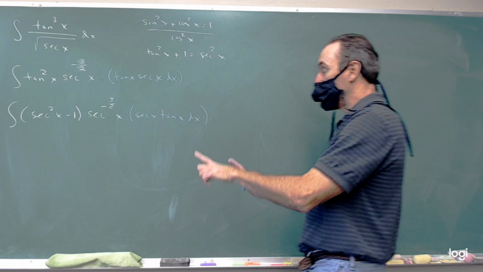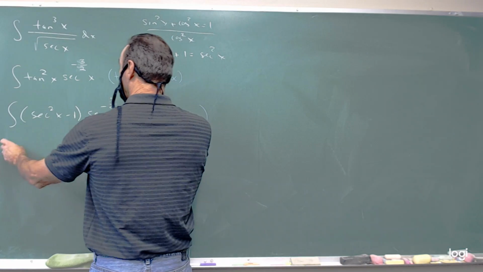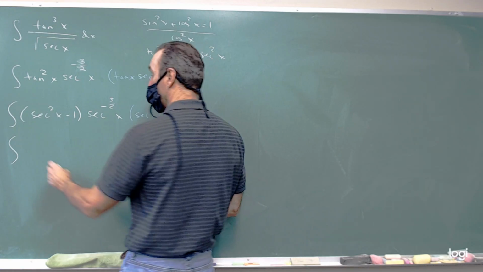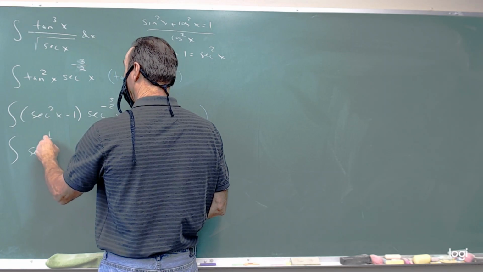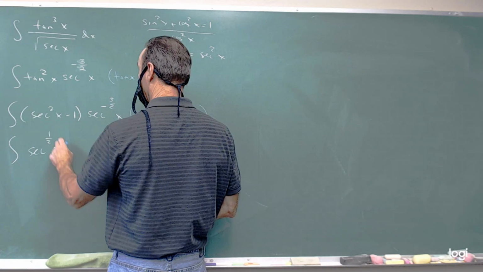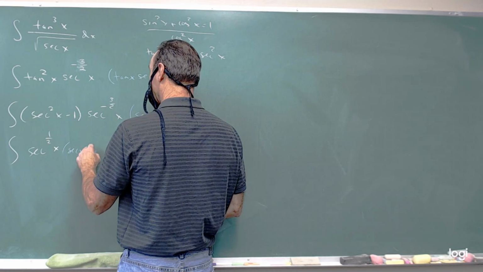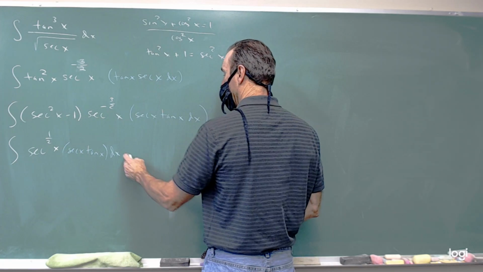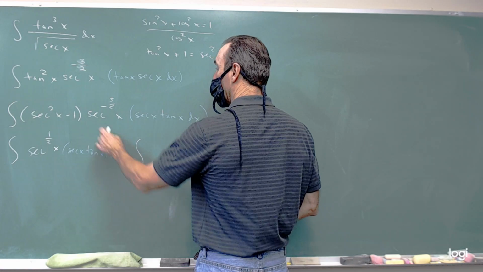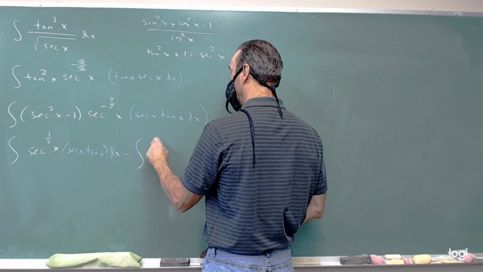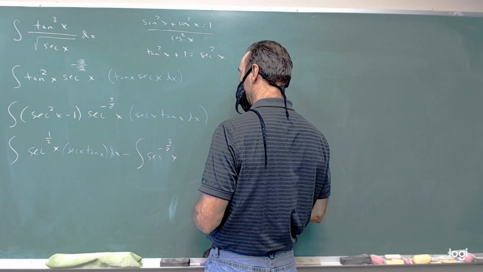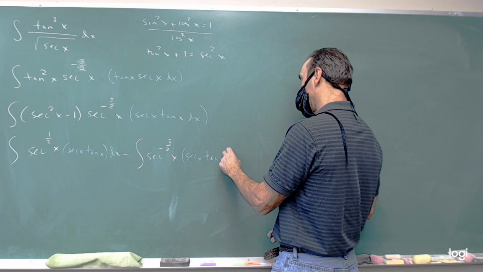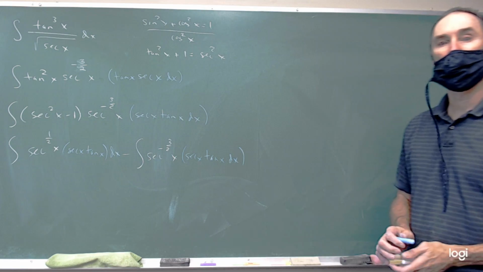So we distribute everything. We're going to get two separate integrals. Secant squared times secant to the negative 3/2 is going to be good. And we're going to hit it with our secant x tangent x dx as well. And we're going to get minus. The second integral is going to just be that secant negative 3/2 x, and it's got our secant x tangent x dx as our du.